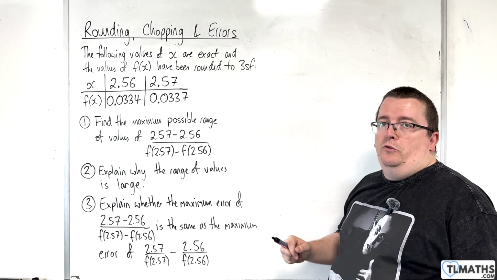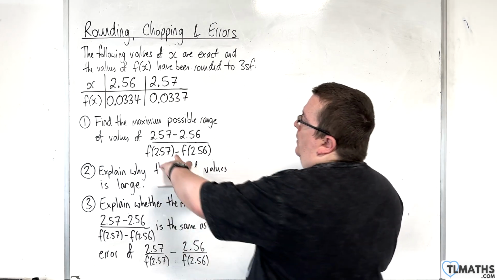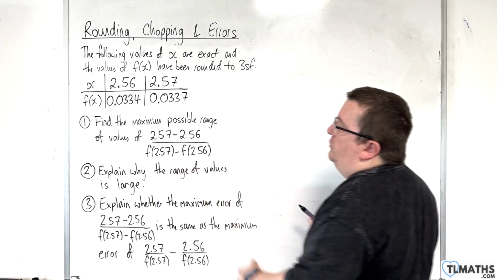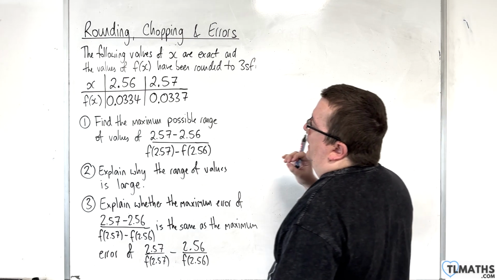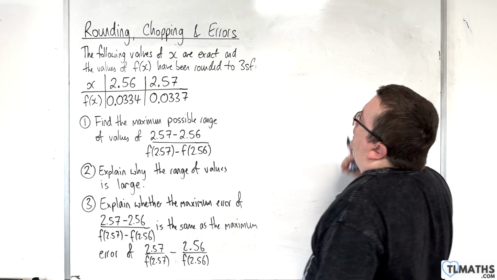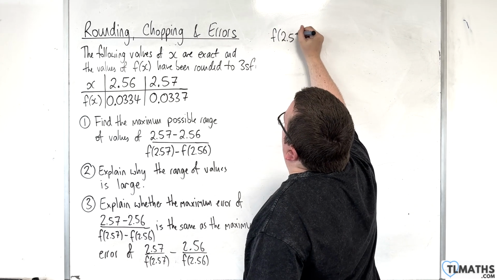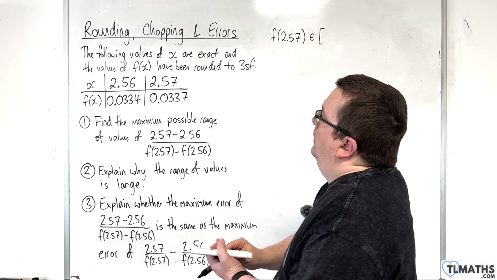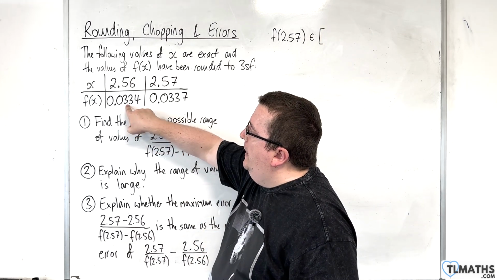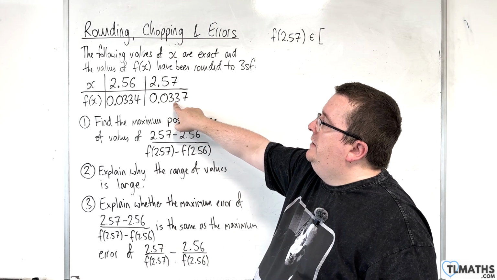Okay, so first of all, let's look at the range of values of f(2.57) and f(2.56). So f(2.57) is this value here, but this has been rounded to 3 significant figures.